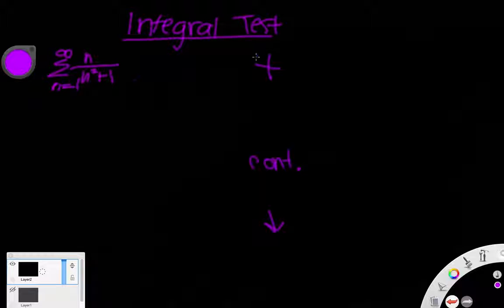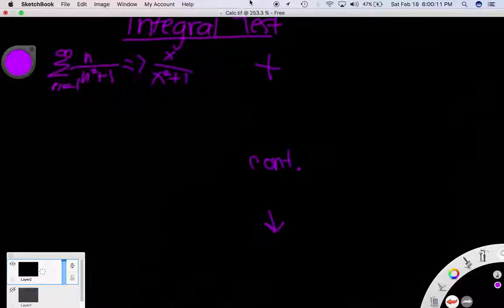Now we have to check the first one. Is the function that corresponds to n over n squared plus 1 always positive? First, we're going to write out the function that corresponds. It's going to be x over x squared plus 1. Essentially it's the same thing, but you switch out the n for an x. Is this function always going to be positive?